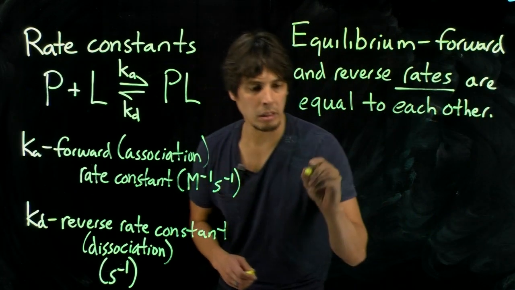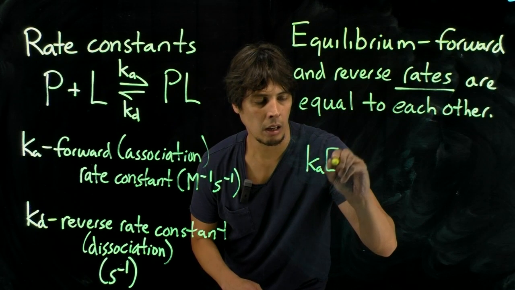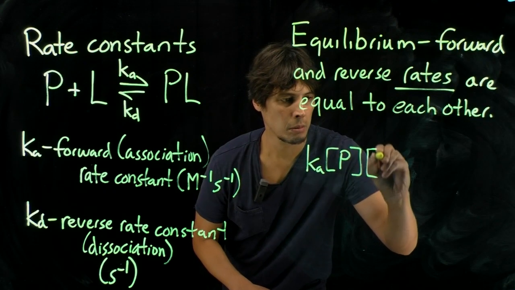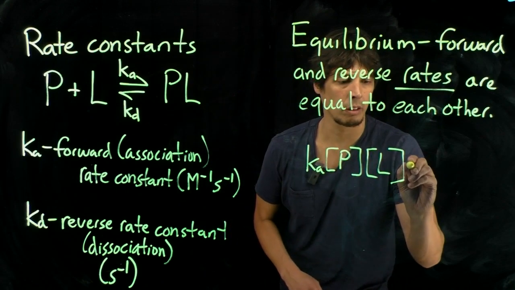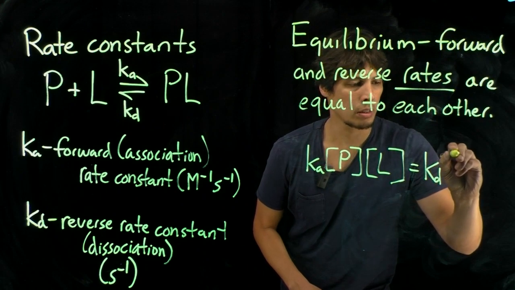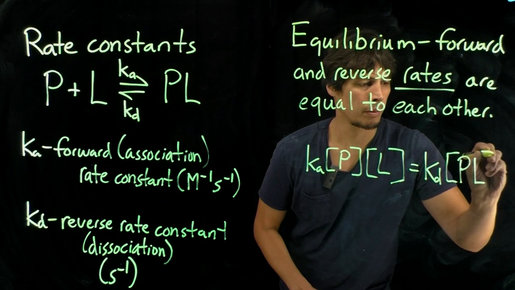Mathematically, what that looks like is ka times P times L, the concentration of P and the concentration of ligand, is equal to the dissociation rate constant kd times the concentration of PL.